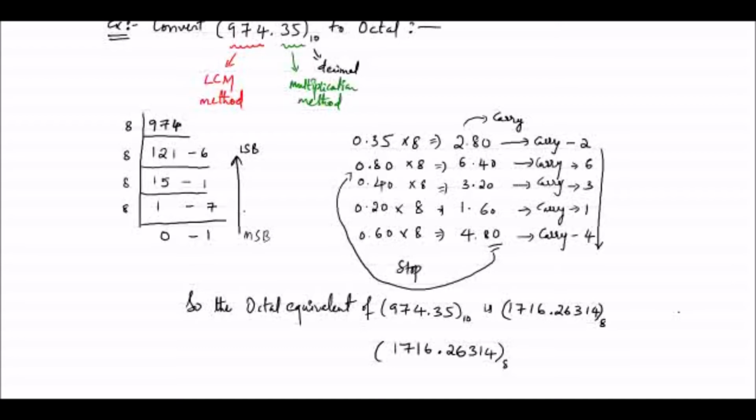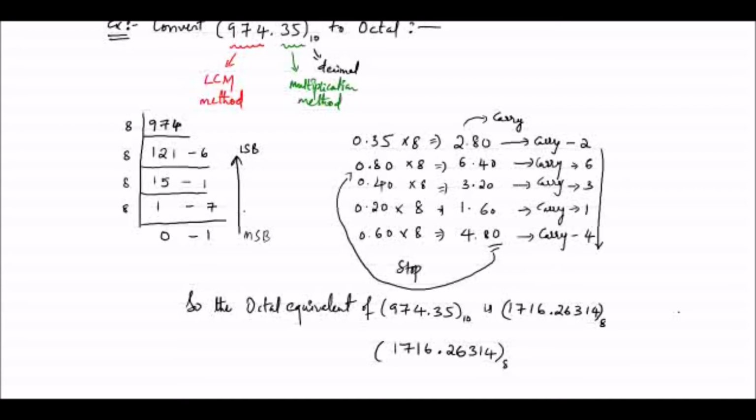So we have 3.20, and I'll bring this 3 as a carry and multiply 0.20 by 8, and I'll have 1.60, and I'll bring this 1 as a carry and multiply 0.60 by 8, I'll have 4.80.